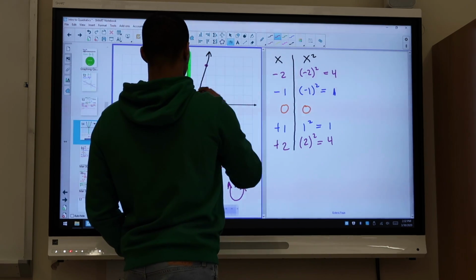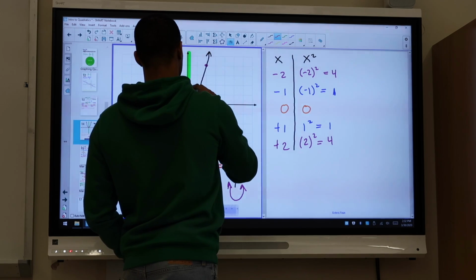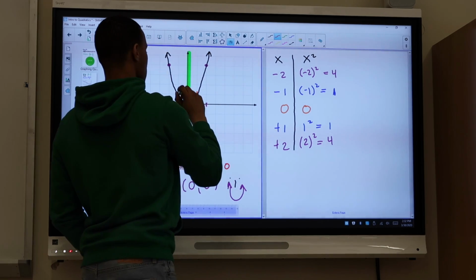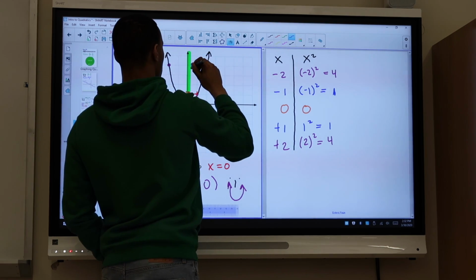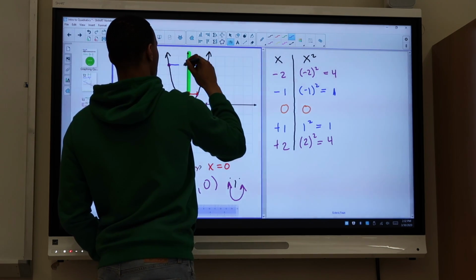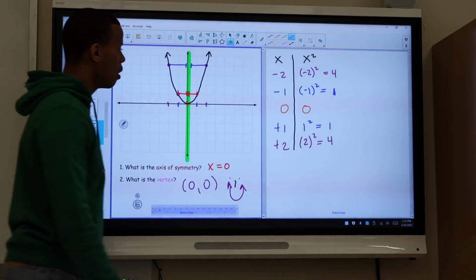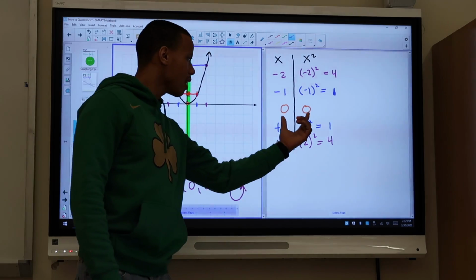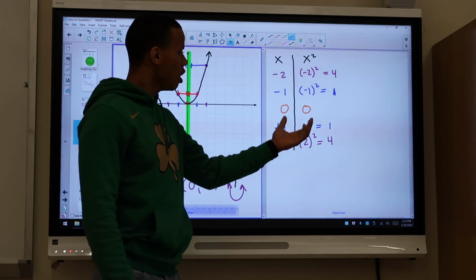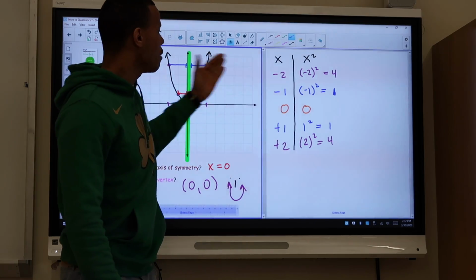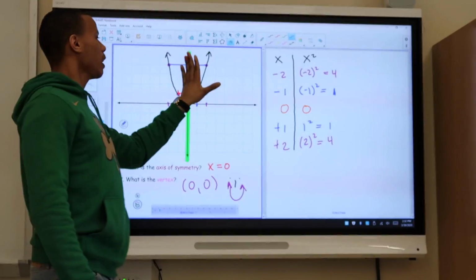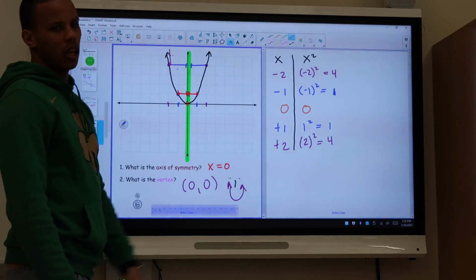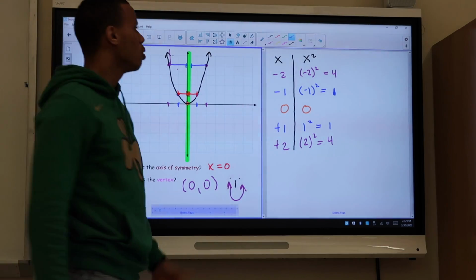Then again, this distance will be the same as this distance, and then this distance will be the same as this distance. So actually, after you find your vertex, you don't have to actually do the whole graph. You can just do one side, and then you can reflect it over your other side, and then you'll be good. So you don't have to do all this work.